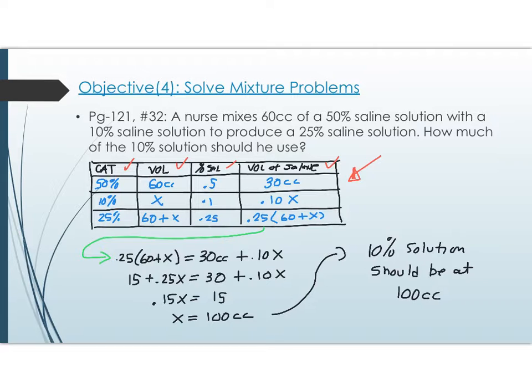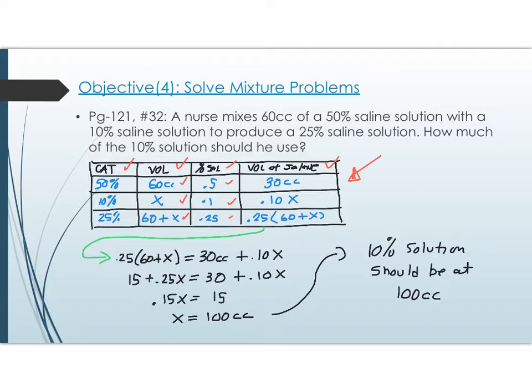The volume is, I start out with 60 cc's. I'm going to add a certain amount of cc's to 60 to get a final solution of 60 plus x. Here are my percent solutions, 0.5, 0.1, and 0.25.